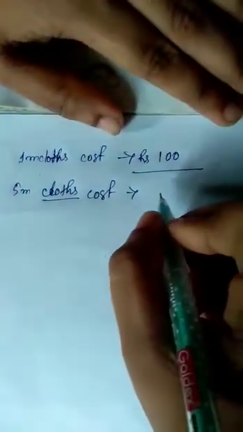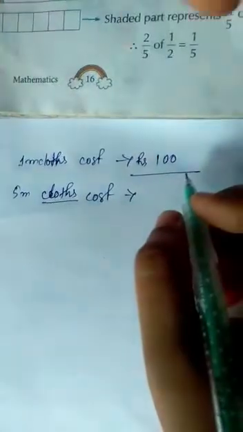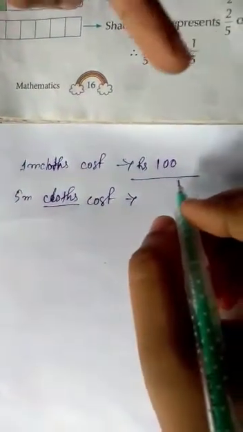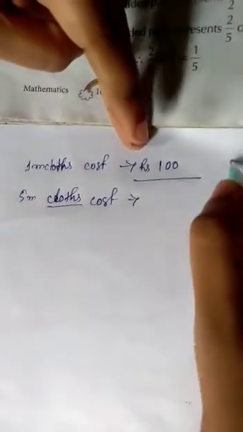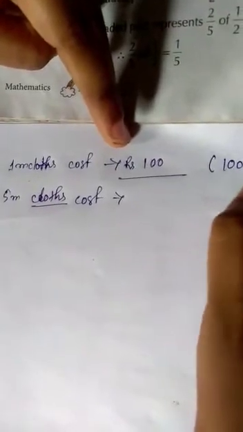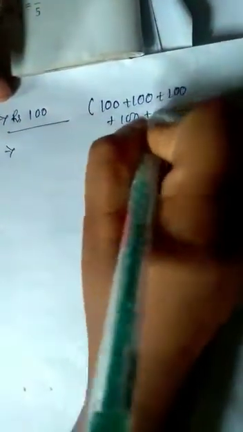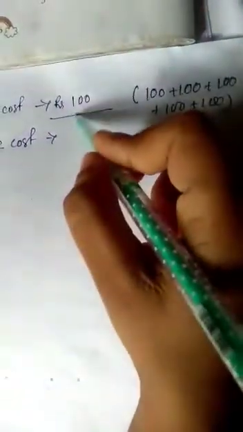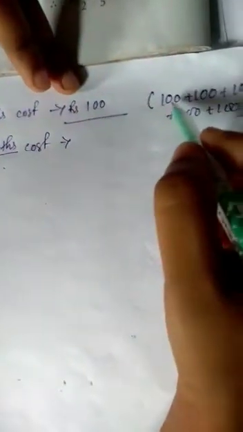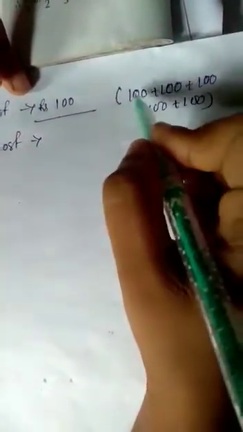So what you will do here, you can do it two ways. Either you add 100 plus 100, then 100 plus 100 and so on. Since 1 meter of cloth is 100 rupees, we have to find the cost of 5 meters. So either you add 100 five times, or you multiply.